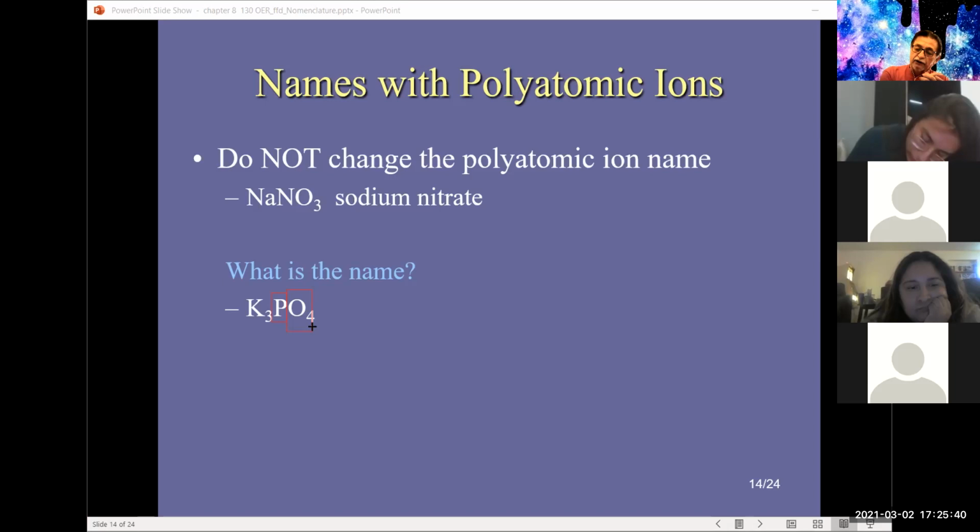And so I can go now to the polyatomic ion table and look up PO4, and you'll find it. It'll be phosphate, which has a -3 charge, which is consistent with the 3 potassiums, because each potassium is a +1. And so that formula is consistent with potassium phosphate.